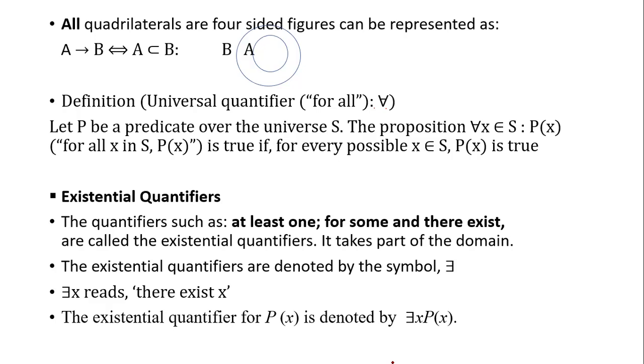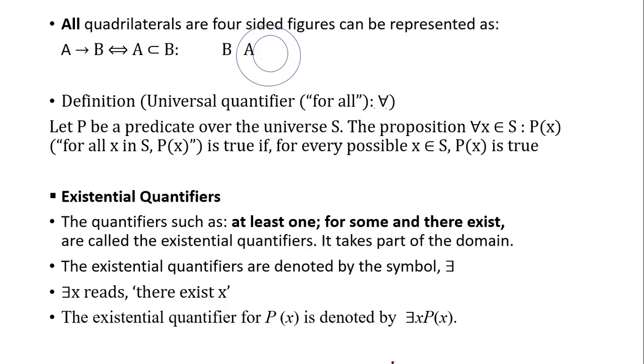We call it existential. Now, if you compare the universal quantifier to the existential one, for universal, you are considering all the elements in the universal set to see if it holds our argument.